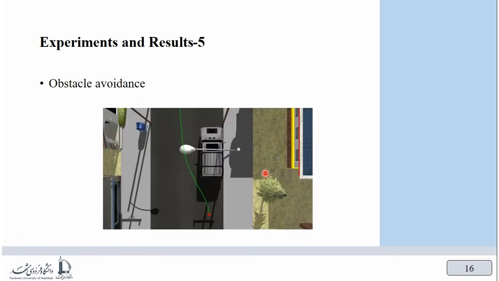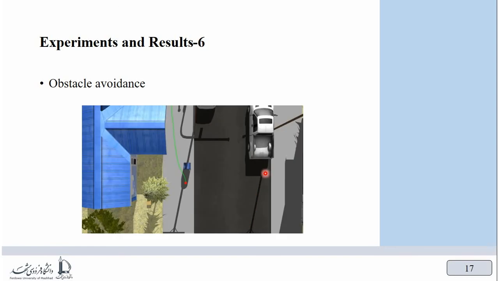Here is also the second trial of this experiment, and in order to measure the ability against smaller obstacles, we initialized our drone against some waste baskets and ran our policy. Also, you can see the highlighted green paths of our agent in the environment.